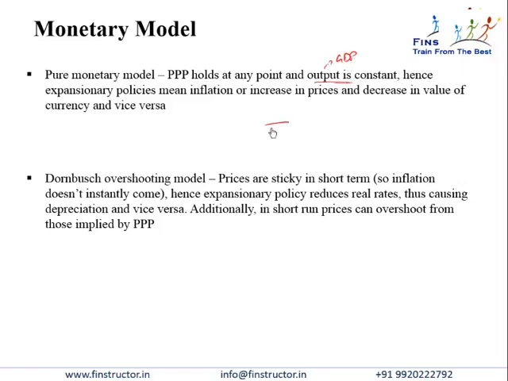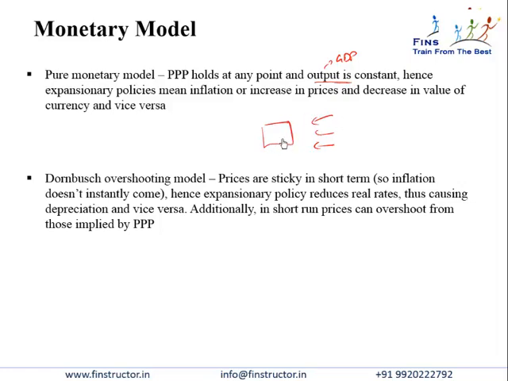So if the number of things is fixed and you follow expansionary policies, that is, you bring in more money, reduce interest rates, print more money, that will only reflect in inflation because output is constant. So if the number of things is the same and money is more, what will happen to prices of things?